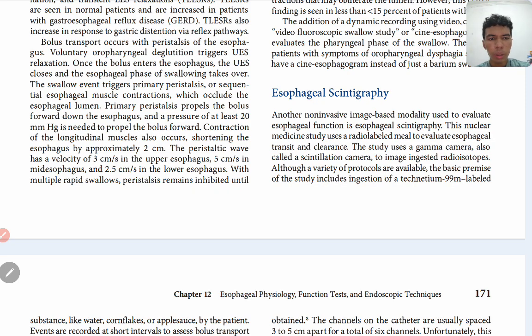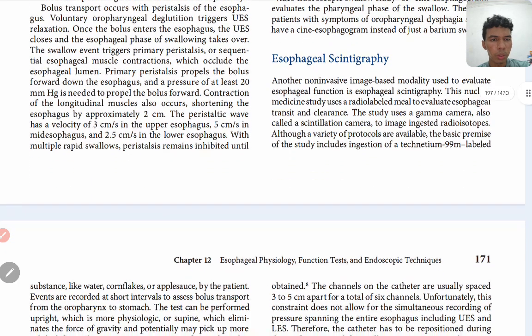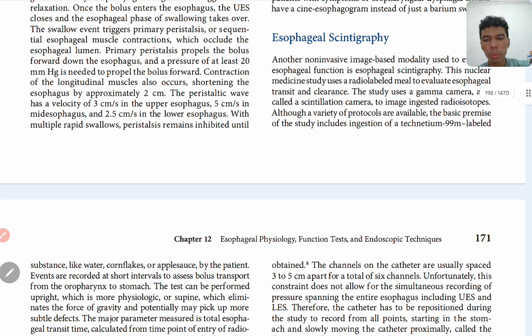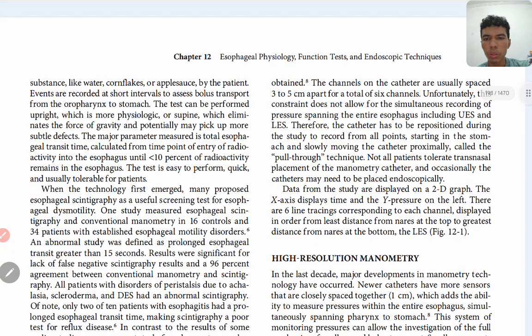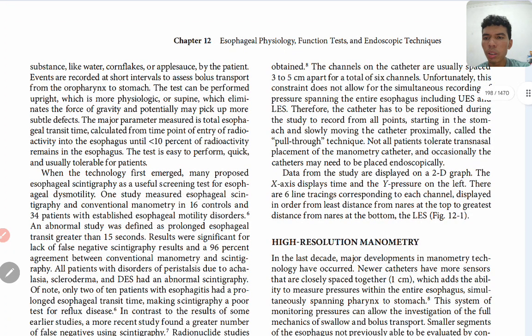The study uses a gamma camera, also called a scintillation camera, to detect ingested radioisotopes. Although a variety of protocols are available, the basic premise of this study includes ingestion of technetium-99m labeled substance like water, cornflakes, or applesauce by the patient. Events are recorded at short intervals to assess bolus transport from the oropharynx to stomach.